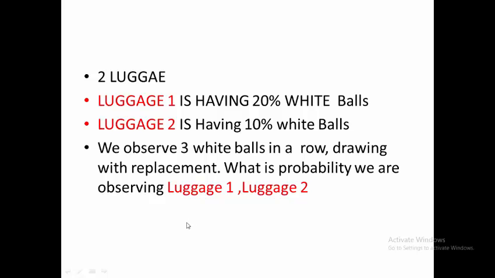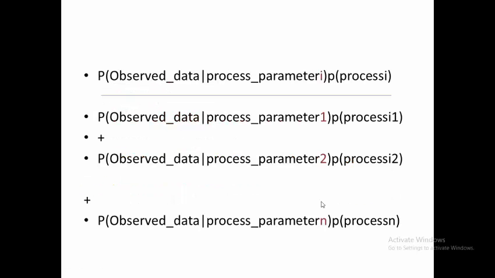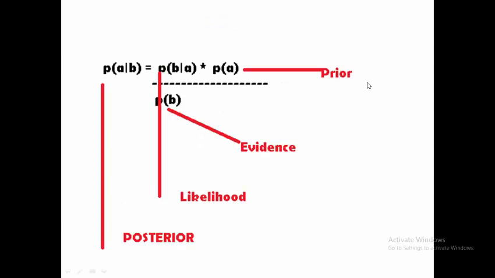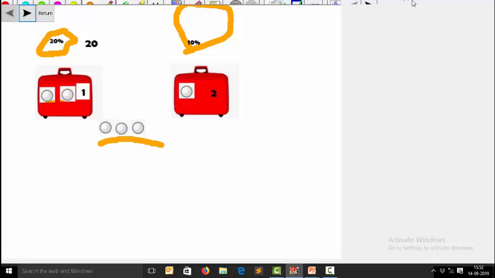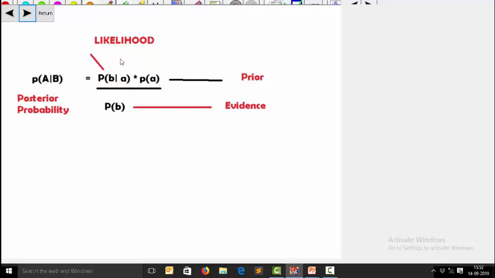So let's use the Bayes function. First we will find the likelihood. So how do we find it?